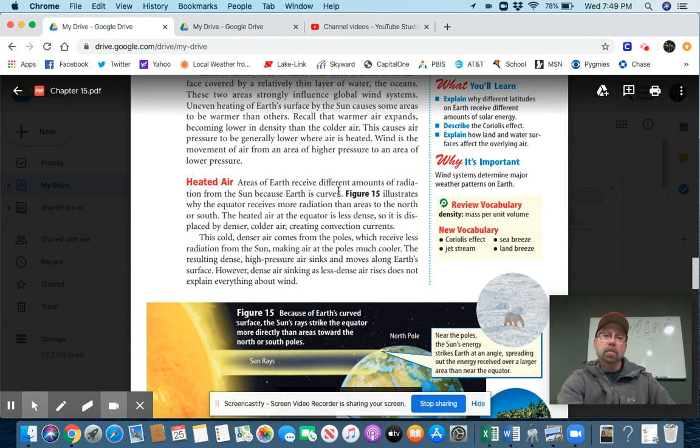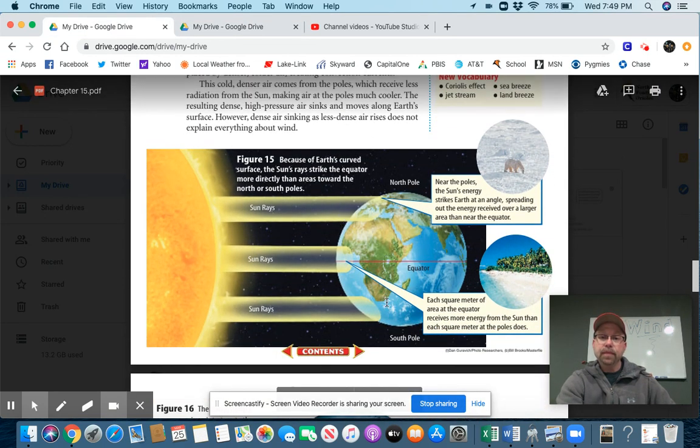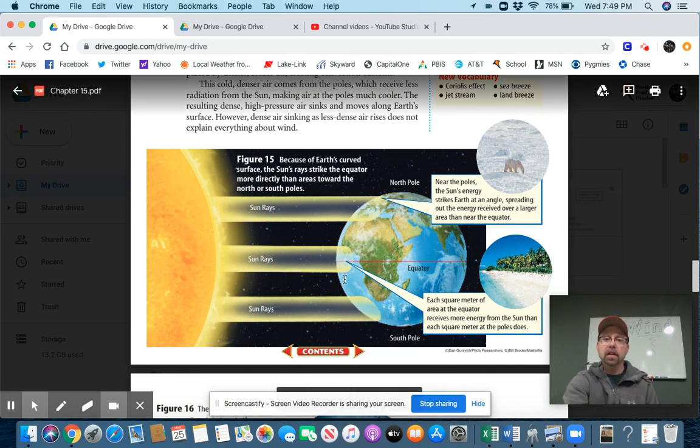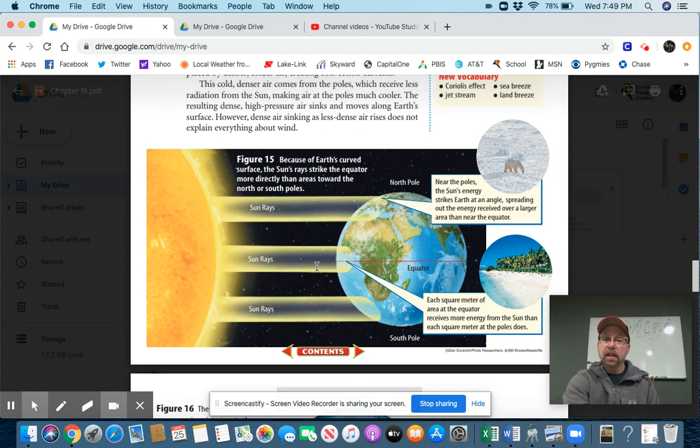Now, when we look in the book, we can see on this picture an explanation about why there's uneven heating of the Earth's surface. And you can see that at the equator, there's more direct sunlight. And so the same amount of solar energy hitting the equator covers a smaller area than the same amount of the sun's energy hitting the curve of the Earth and being spread out over a larger area.